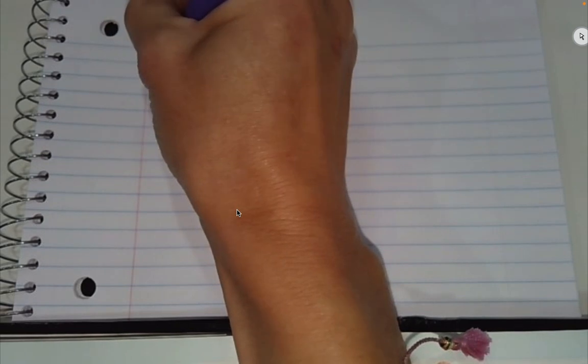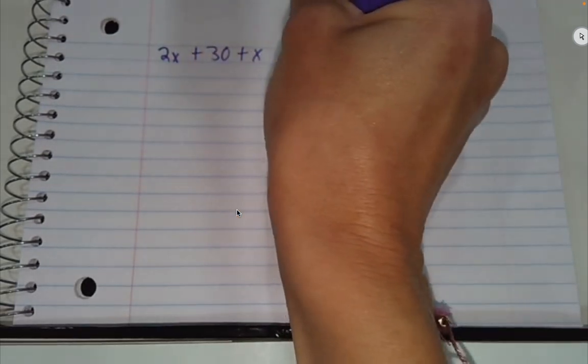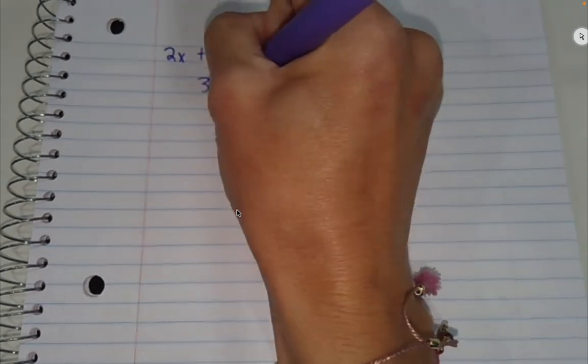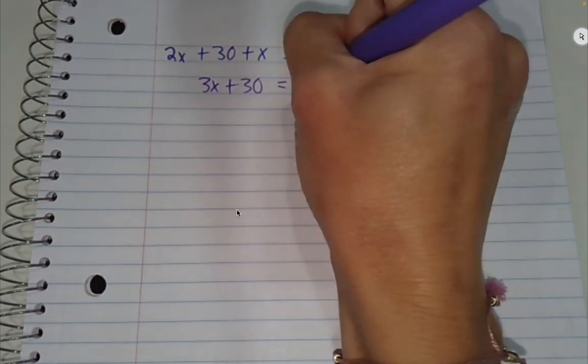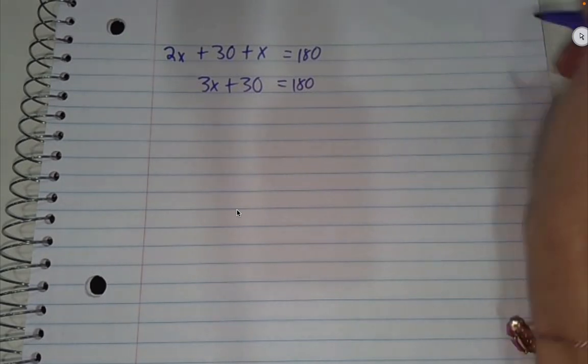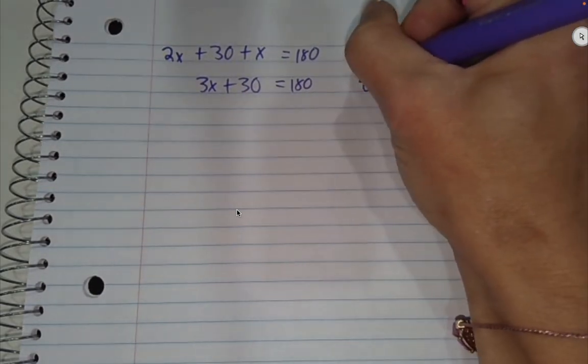Okay. So they have 2x plus 30 plus x equals 180. Y'all said 2x plus x is 3x, so I get this. Does everybody understand that? What did I do? I combined like terms. That would be my reason: combine like terms.